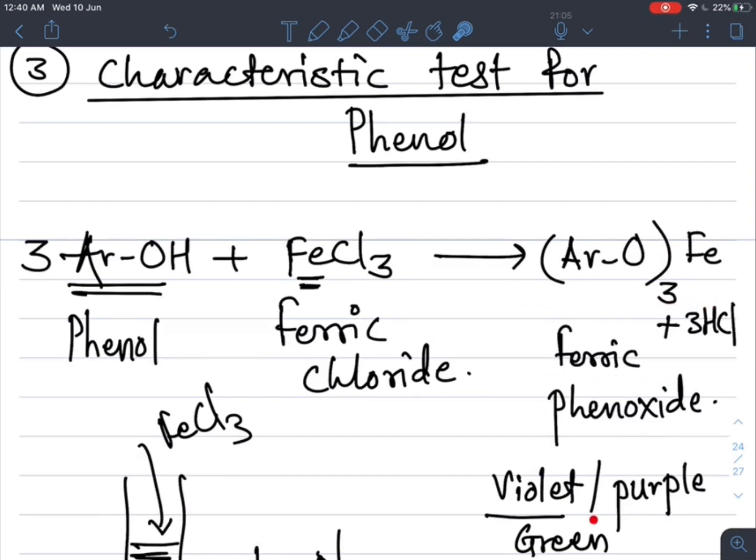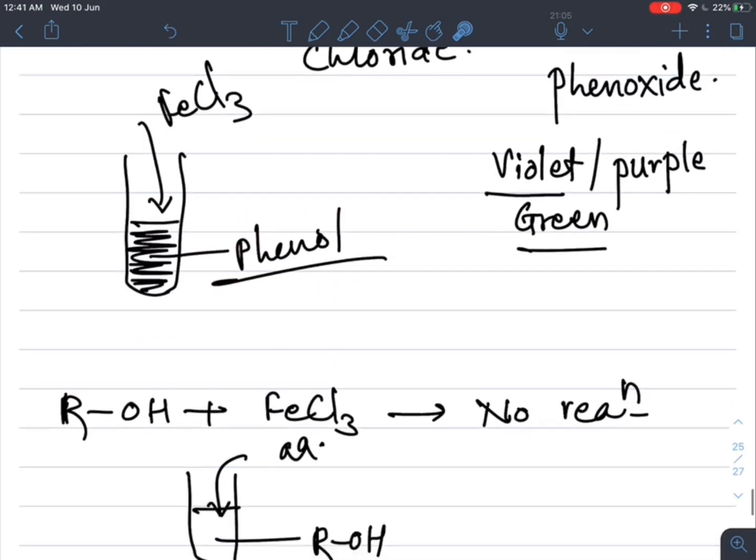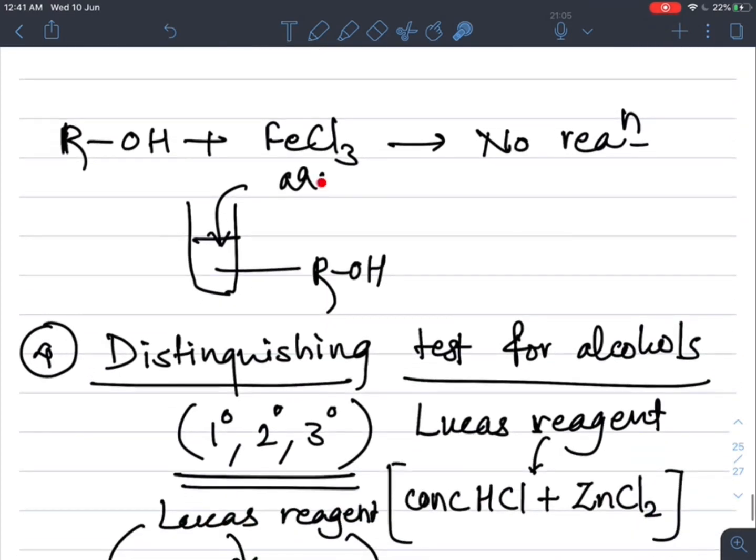It forms a violet, purple or green color, depending on whether it is a monohydric, dihydric or trihydric phenol, with the removal of three HCl. So due to formation of this colored complex after treating with FeCl3, we can identify the presence of phenol. But this test is not given by alcohol. Alcohols, when treated with FeCl3, remain colorless, which means we can identify the presence of alcohol.